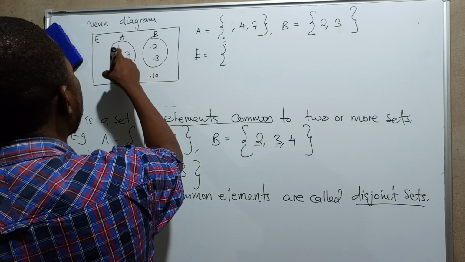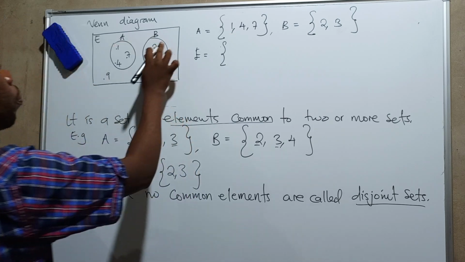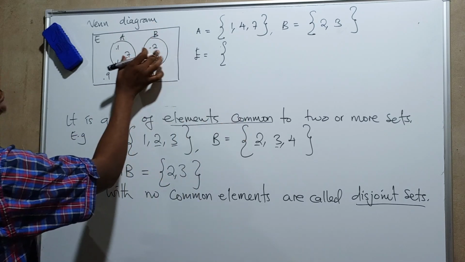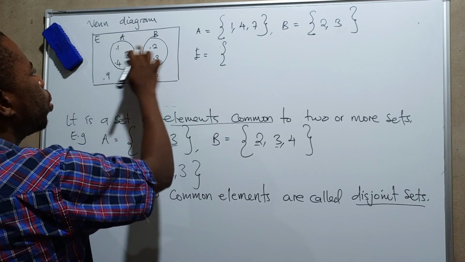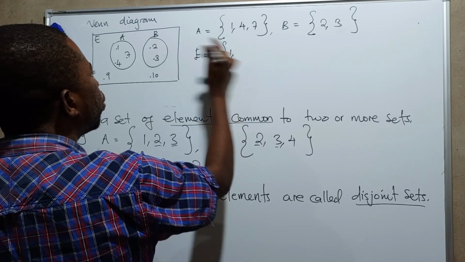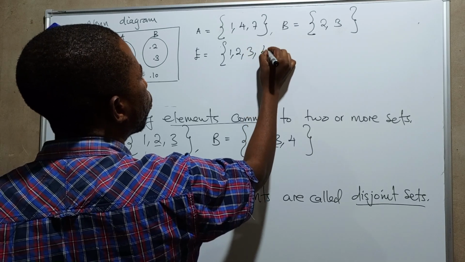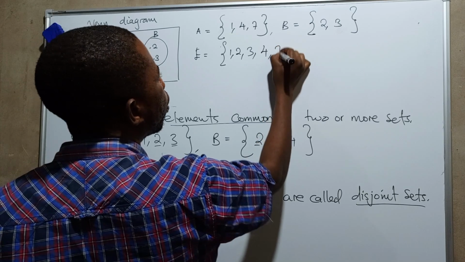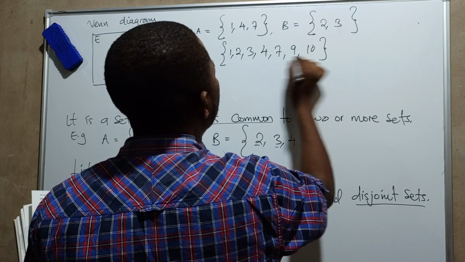I can start from the smallest, all these elements which are here, because A and B are inside this universal set. So they are subsets, meaning these elements which are in A and B are also in the universal set. So it has 1, 2, 3, 4. We don't have 5. We have only 7, then 9 and 10. So these are the sets.